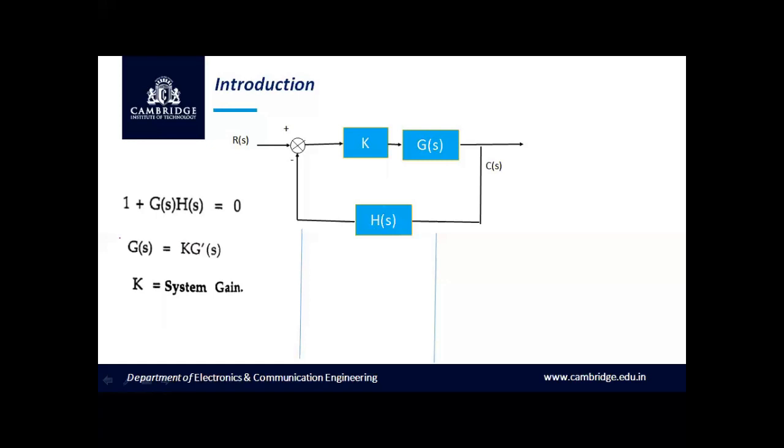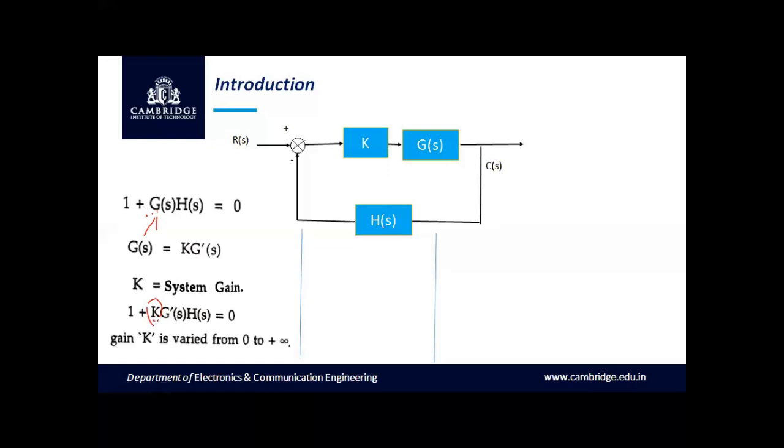The characteristic equation, after substituting for G(s) in the above equation, I get 1 plus K into G dash of s into H(s) equal to 0, in which we have K as a variable parameter.